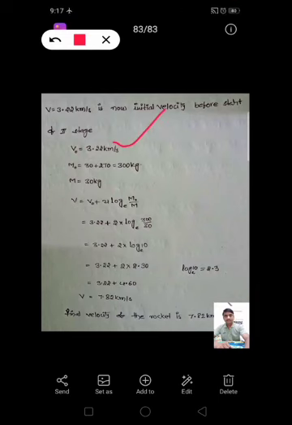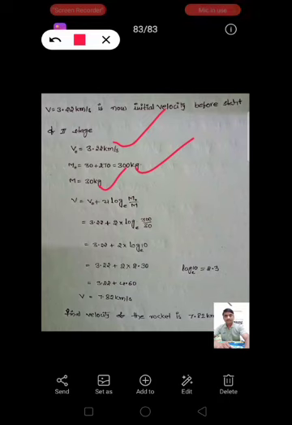Now mass 30 plus 270, that is equal to 300 kg, and the mass of fuel in the second stage is 30 kg. So now v is equal to v0 plus u log e m0 by m. v0 is now the initial velocity 3.22 plus u same 2 into log e m0 300 by m 30.